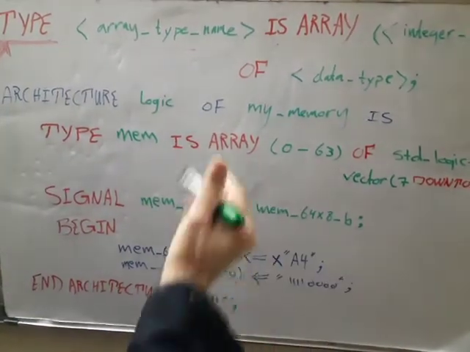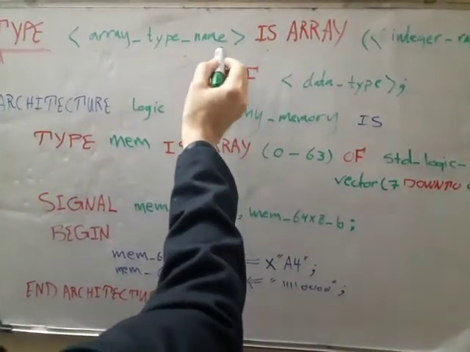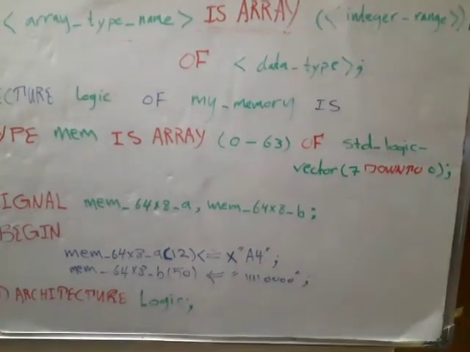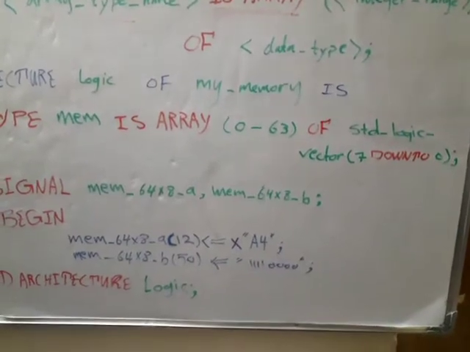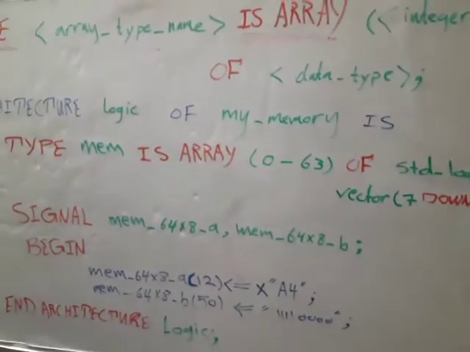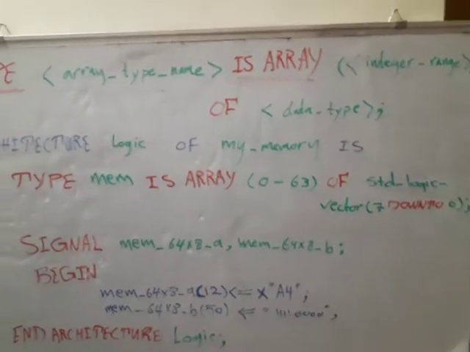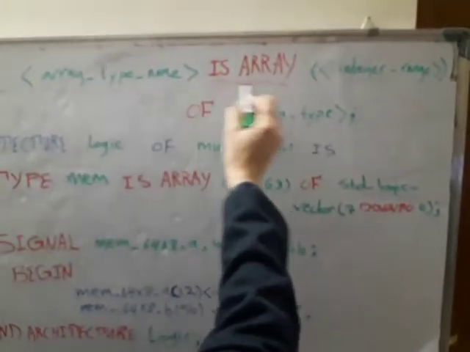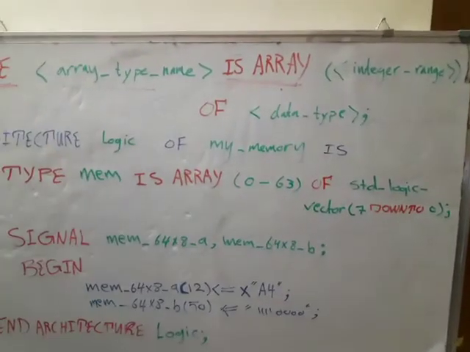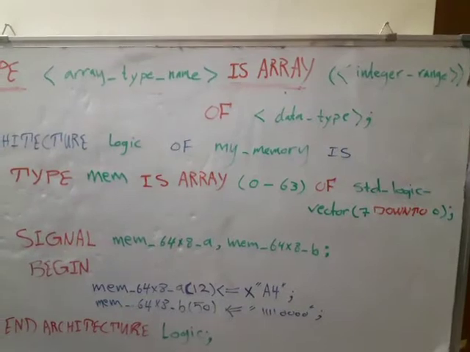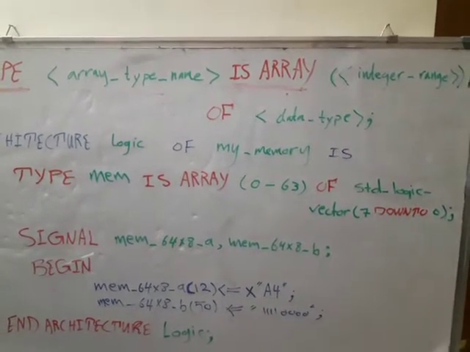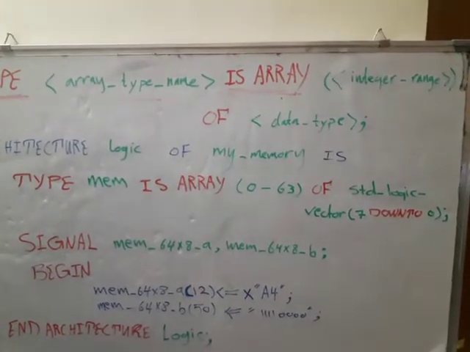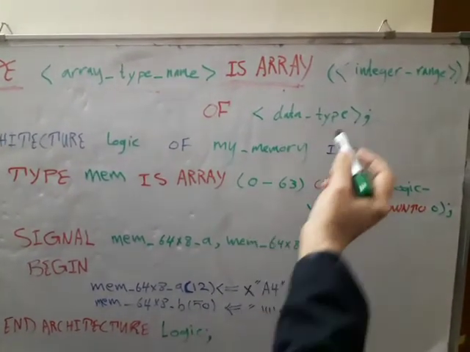And this type is an array, so it has many cells, maybe 20, maybe 32, maybe 64, any number of data. So this type is not a single signal or data; it can combine any number of signals.